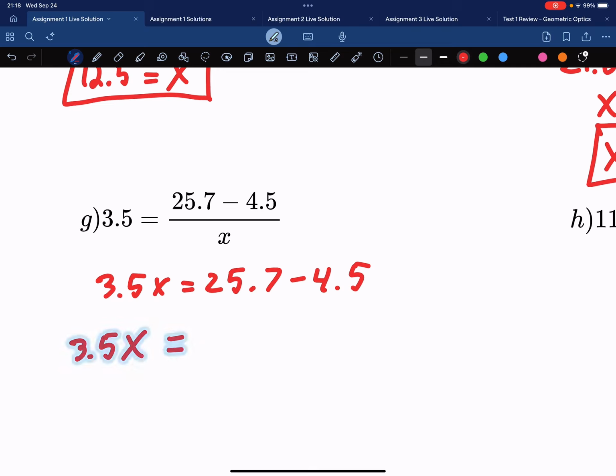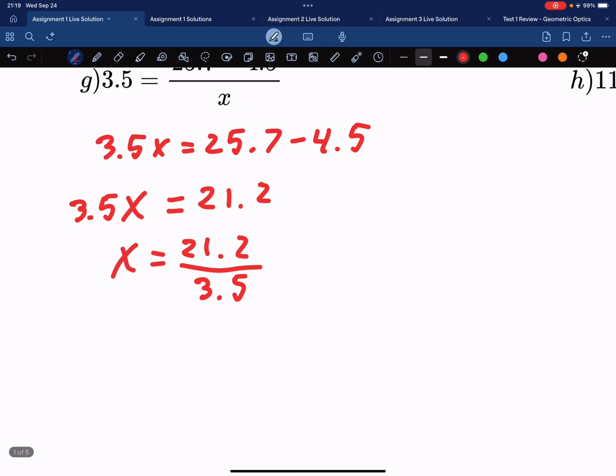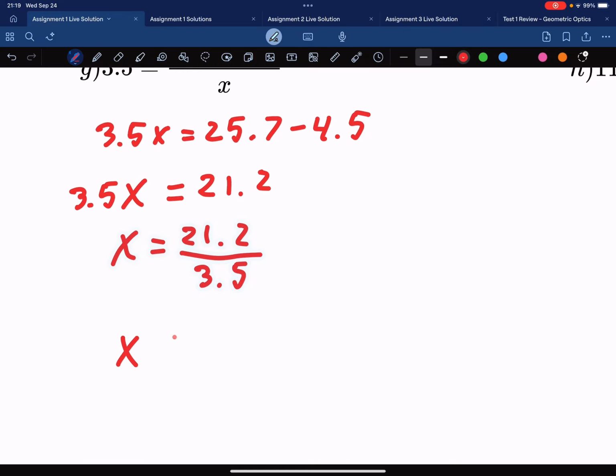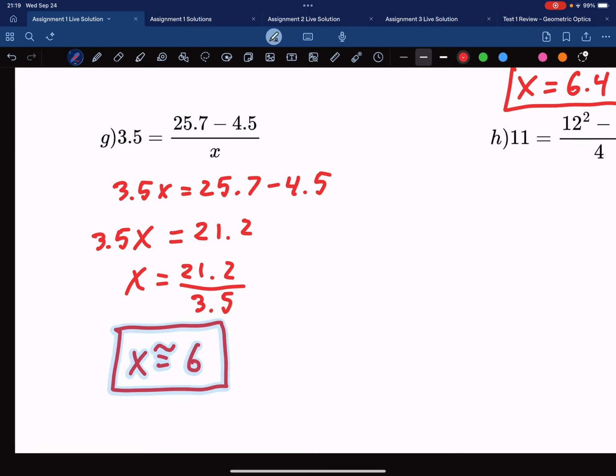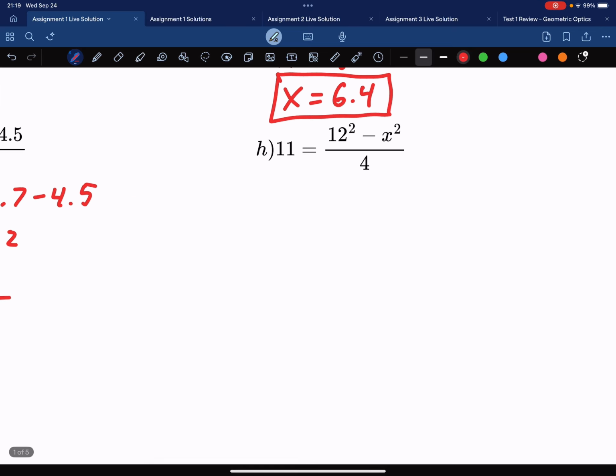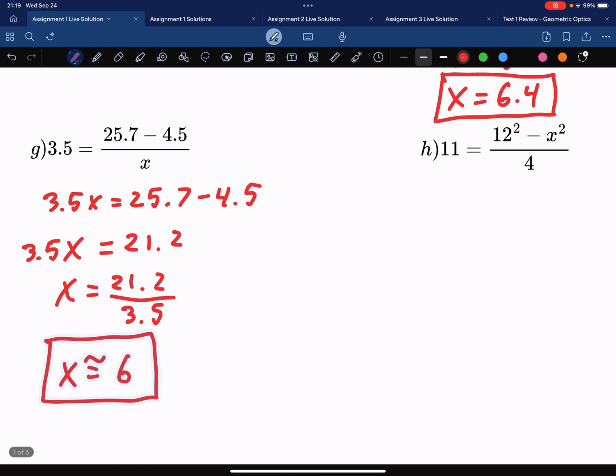This is going to be 21.2, and divide everything by 3.5 now. 21.2 divided by 3.5 works out to be about 6. It's got a decimal, but I'm looking for a correct method right now, not exact numbers. As long as you got the correct method, I gave you the mark for that one.